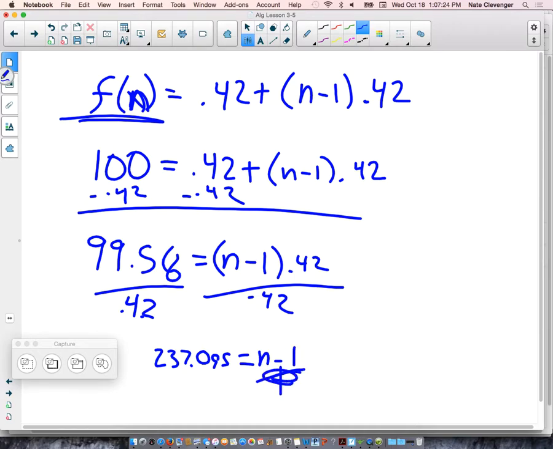Add 1, so that would be 238 point something. So she has enough to order 238 postcards to mail them out.